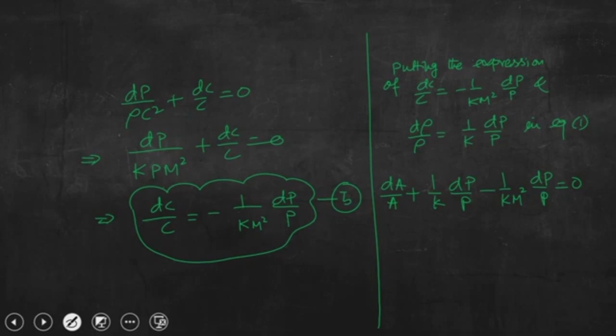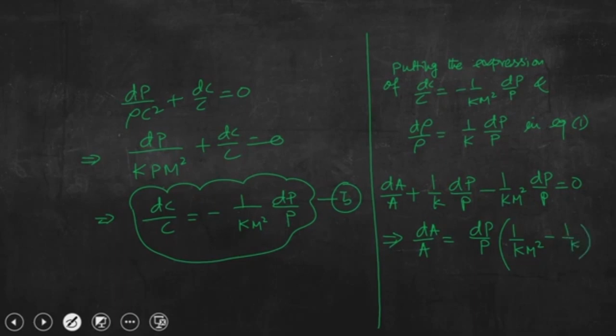So, if we write this term, we can write dA by A equal to dP by P into 1 upon k M square minus 1 upon k.